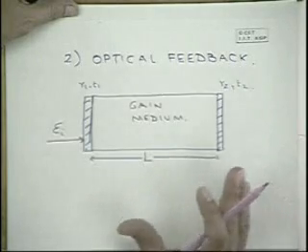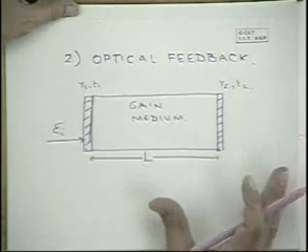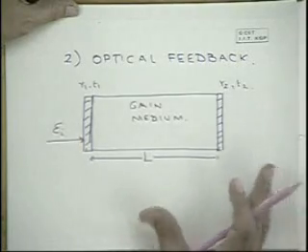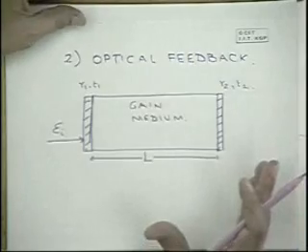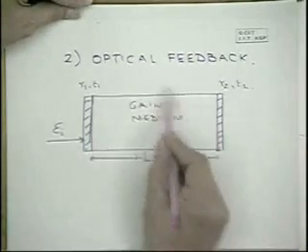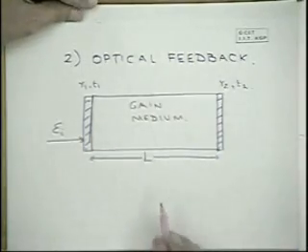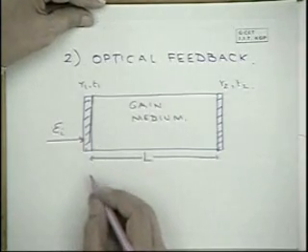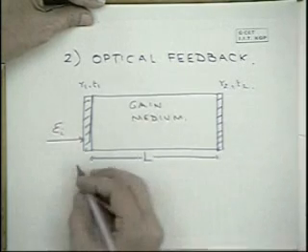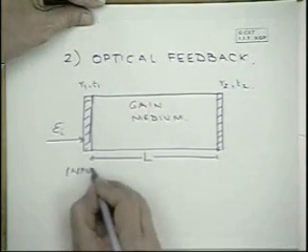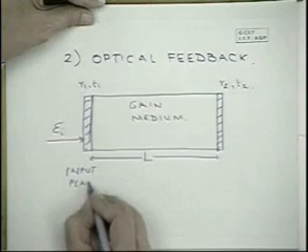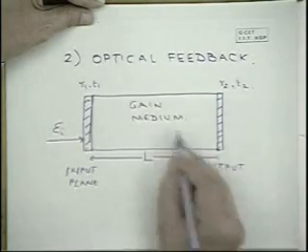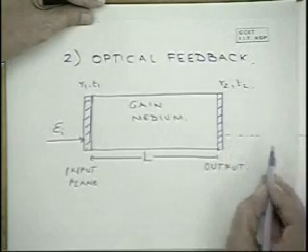Because remember, laser stands for light amplification using stimulated emission of radiation. So a laser is a coherent oscillator, and so we want to see the condition under which self-sustained oscillations are obtained. Regarding the mirrors, let's say that this is the input plane. Obviously, the mirrors will not be 100% reflectors because we want some light to come out finally.